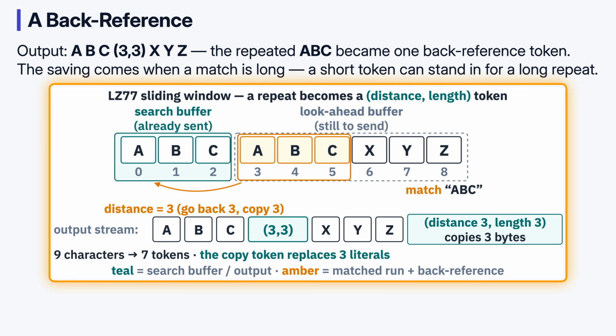The output stream becomes A, B, C, then the token, then X, Y, Z. The repeated ABC became a single back reference token. Here the saving is slight because the repeat is short. The real win comes when a match is long, because one short token can stand in for a long repeat. On real text with long and frequent repeats, that saving grows large.